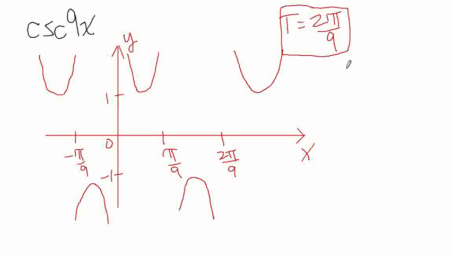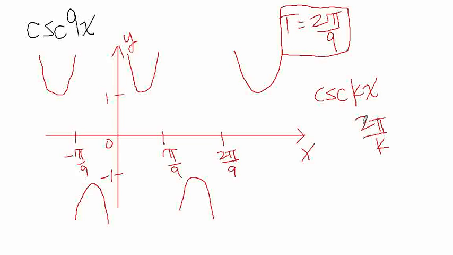All right, so just like with respect to the secant function, if you graph the cosecant of 2x, 4x, 6x, etc., you would notice the pattern that the cosecant of kx has a period of 2 pi over k. Okay?